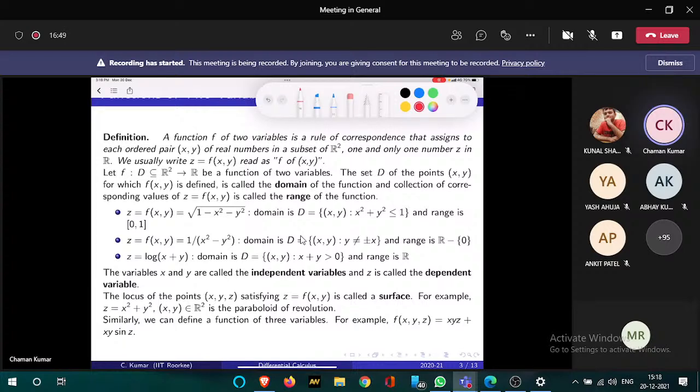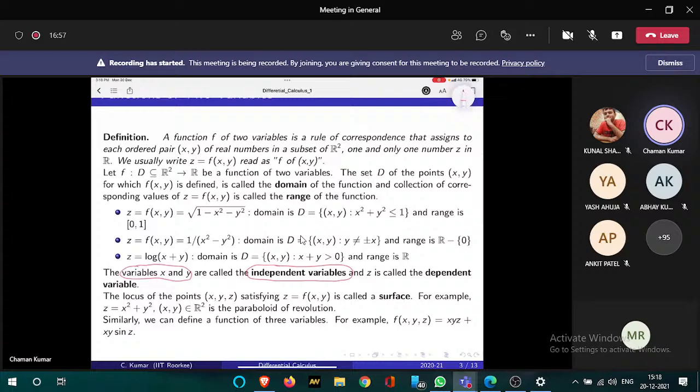Now the variables that we see in the function of two variables, the variables x and y, are known as independent variables. And the variable z, which is the unique value assigned to each ordered pair x, y, is known as the dependent variable.